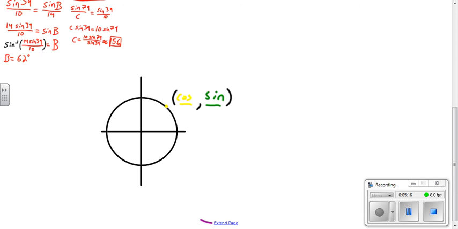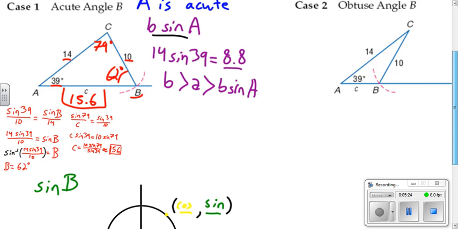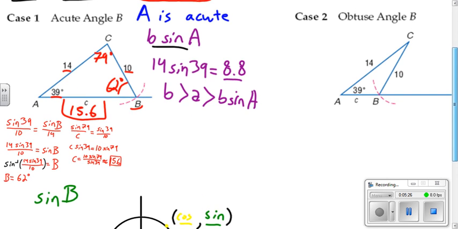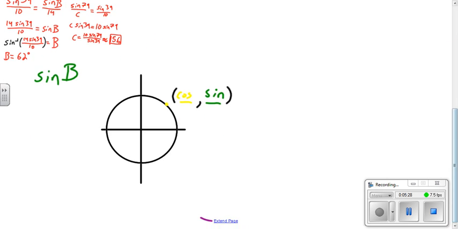Now, if we wanted to know the sine of B, and again we're looking at B because our first case is where B was acute, our second case is where it's obtuse, so we want to look strictly at B. The sine of B, which in this case is the sine of 62, is going to come out to approximately 0.88. We would say 62 comes to about there.